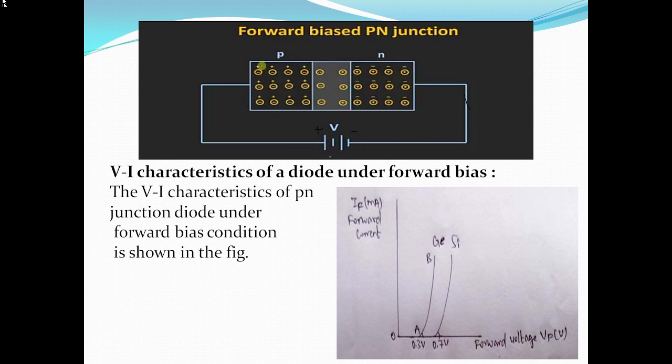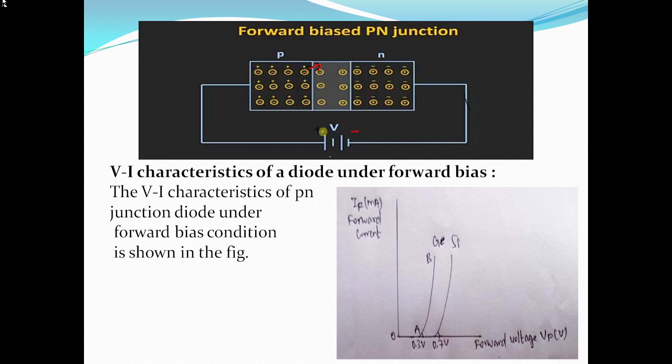Holes carry positive charge. So here the terminal is positive and these holes are also positive. Positive repels positive, and these holes move towards the junction.